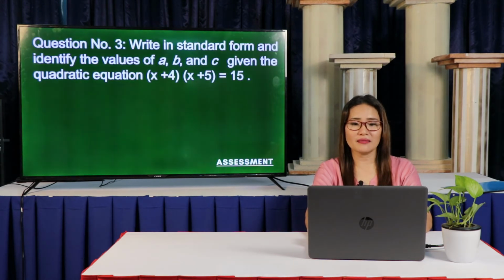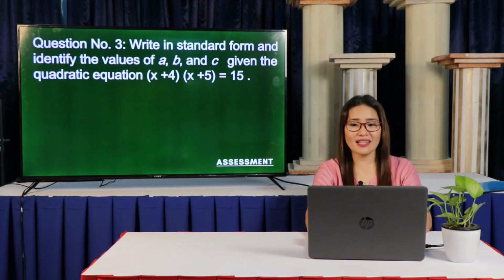Question number 3. Write in standard form and identify the values of a, b, and c given the quadratic equation, the quantity of x plus 4 times the quantity of x plus 5 equals 15.